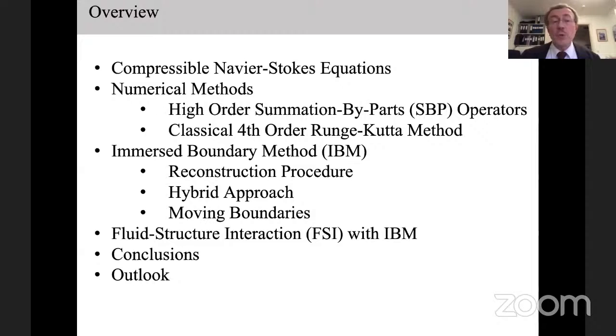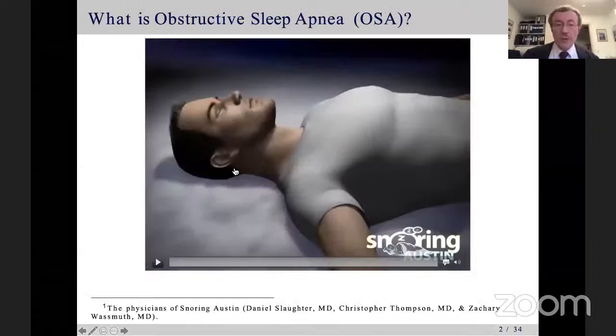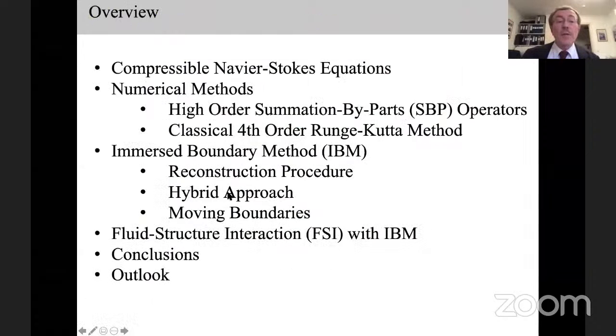We have developed an immersed boundary method. I'll show you the reconstruction procedure, also a hybrid approach, based on the weighted least squares method, and then also how it can be applied to moving boundaries. Then the application will be for an elastically mounted cylinder where we have a fluid structure interaction, and that is then done using this immersed boundary method. Finally, I'll give you conclusions and outlook.